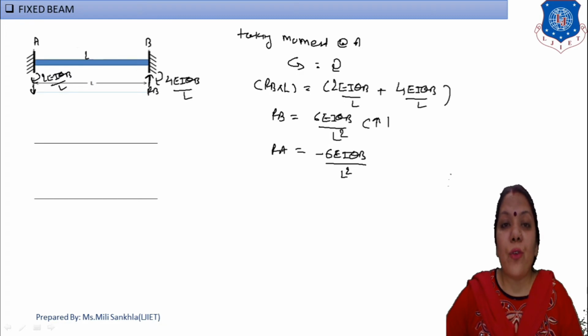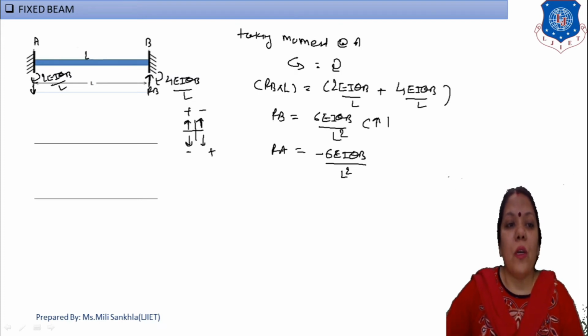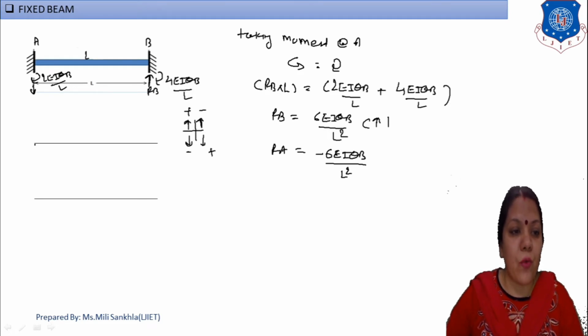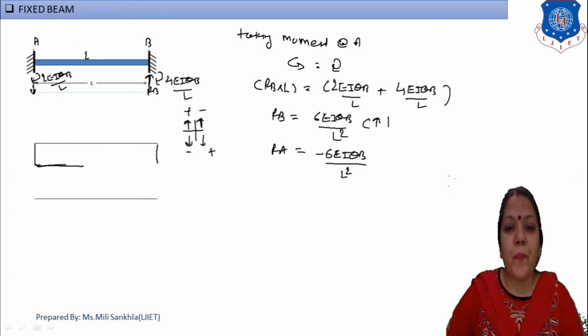Now first we draw the diagram of SF. What is the sign convention of SF? Upward, upward, downward, downward: plus, minus, minus, plus. On the left-hand side the force is down, so we draw in the down direction, and on the right-hand side it is upward, which again is minus, so we draw in the down direction. The value is constant, and that is 6EI theta B by L square.